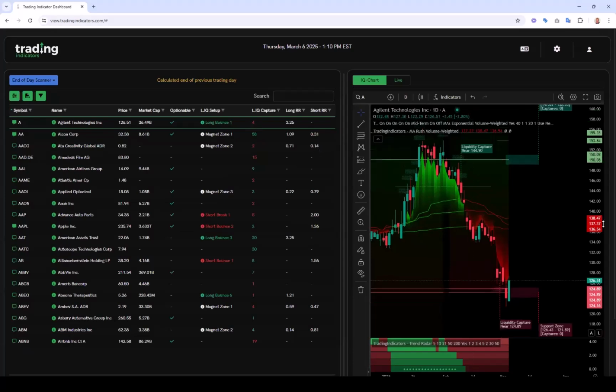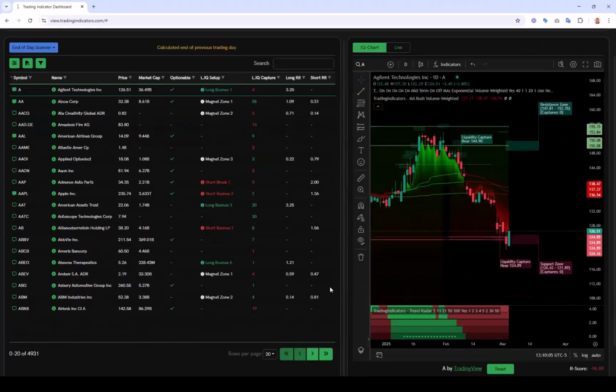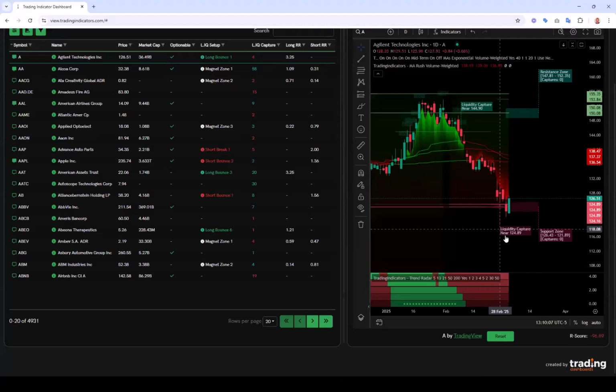So let's look at what's happening on the price chart. Do you see this label here, liquidity capture? If you count back the bars from the most recent one to where this one happened, you get 1, 2, 3, 4 bars. This is what's shown here. This column shows you when the last liquidity capture happened and what kind of capture it was.